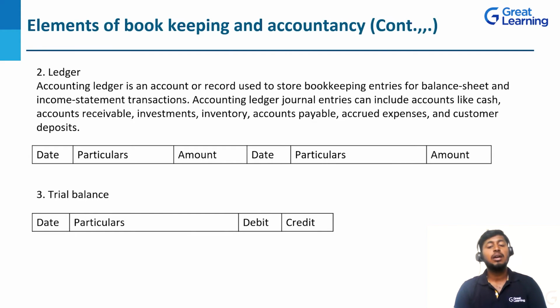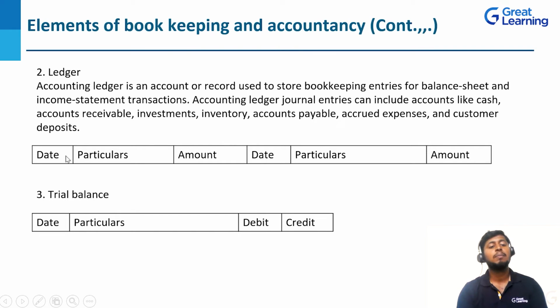Ledger is nothing but whatever journal entries we have passed. For all the journal entries, individual ledger accounts will be opened, and for that we are going to calculate the opening balance and the closing balance in the ledger account. Individually, for cash, they are going to maintain this ledger account.